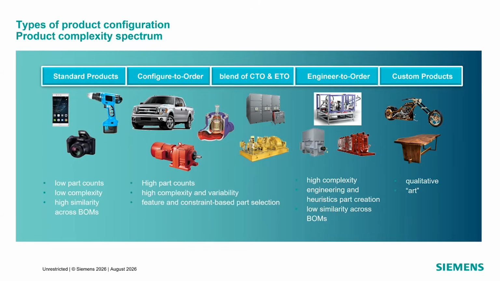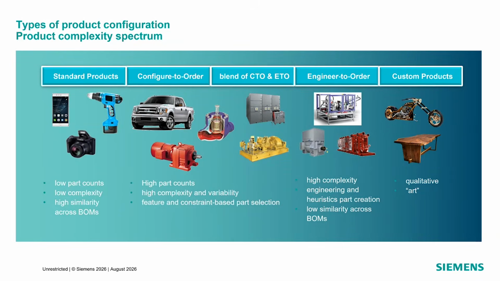So standard products have low variability, as we talked about, and high similarity across the bill of materials that they have. Configure to order introduces more features, constraints, and part selection, while avoiding those order-specific validations, right? Blended models combine predefined choices with some engineering adaptation.